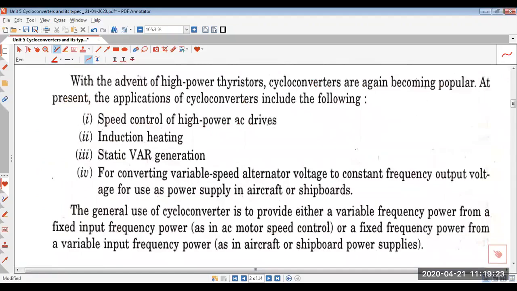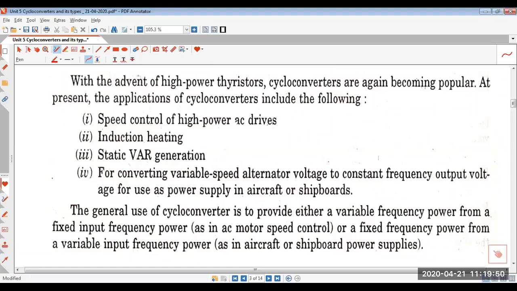As far as application is concerned, because it is a frequency changer, we can use this power electronic circuitry for the speed control of AC drives. Now AC drives is nothing but, you can simply say, an AC motor. A drive is when a control mechanism is used to control the speed of any motor.